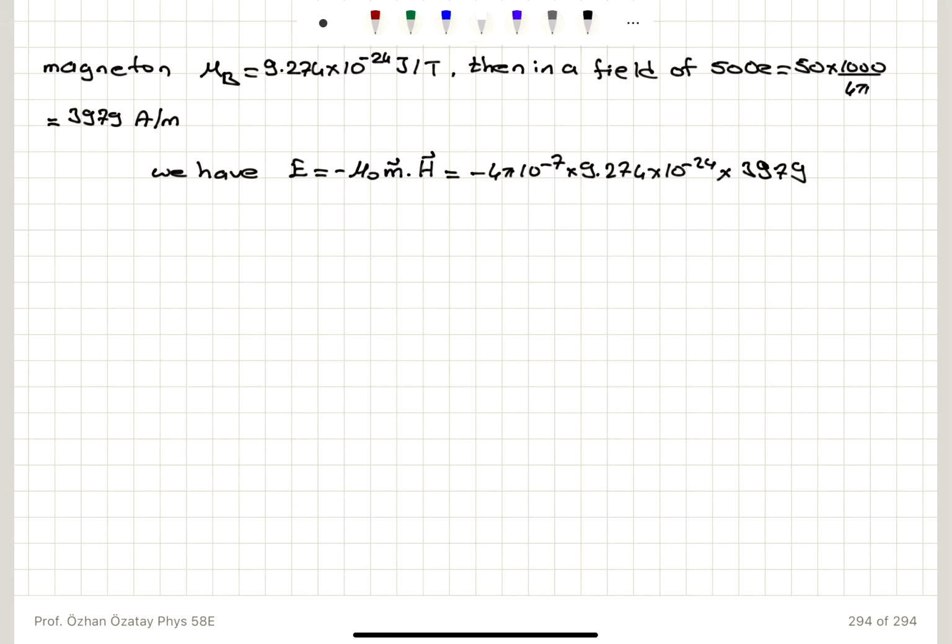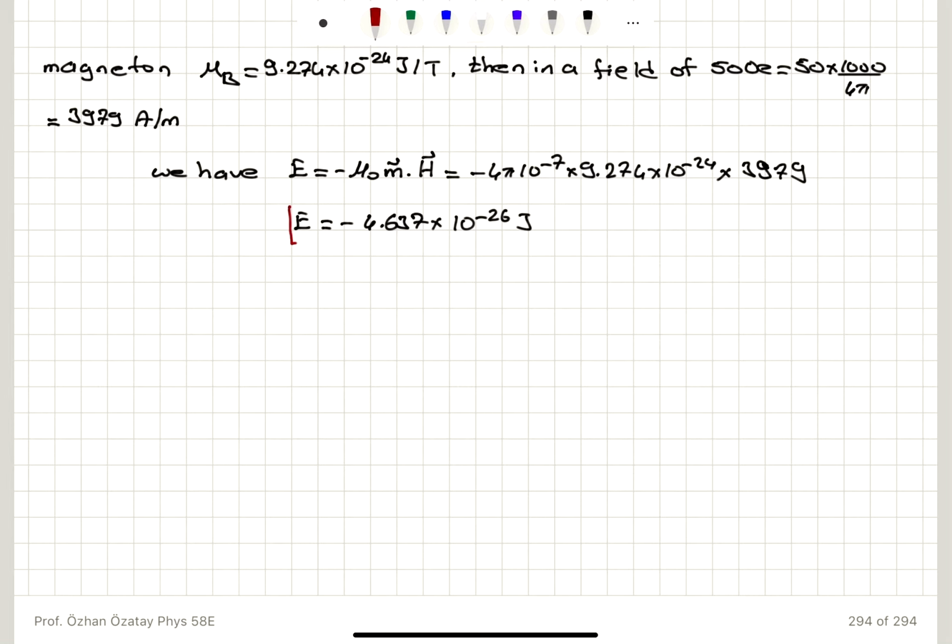So the energy we find for this magnetic moment in this field is minus 4.637 10 to minus 26 joules. It's a very small energy.